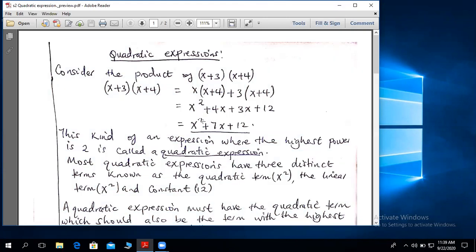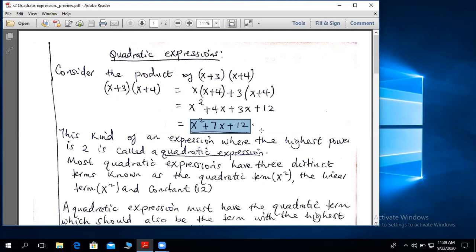Now, this kind of expression is what we call a quadratic expression or a quadratic equation. It is an expression where the highest power is 2.